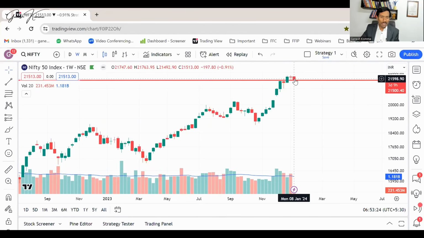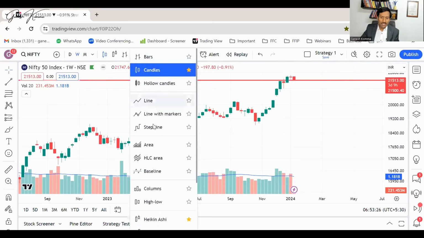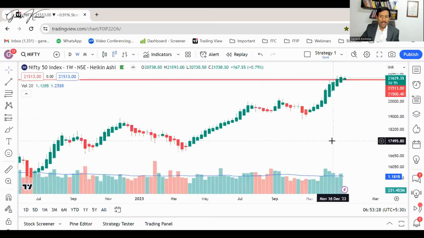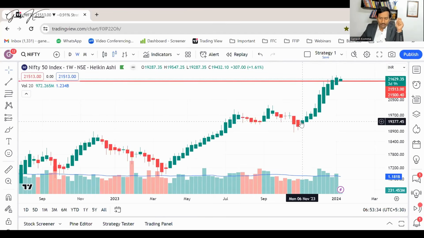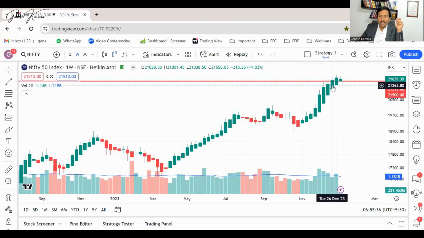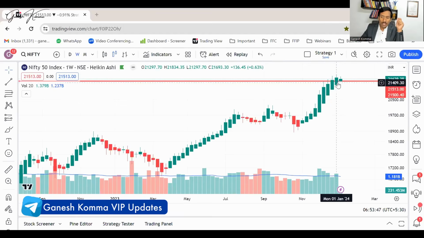So we have two red candles, but Heikin shows you entirely positive candles because the trend has been bullish for almost all these candles on a weekly chart, right? On a weekly chart, it is bullish for almost 2 months, which is from November. So yes, a week or a couple of days of inactivity, it will not consider as red.